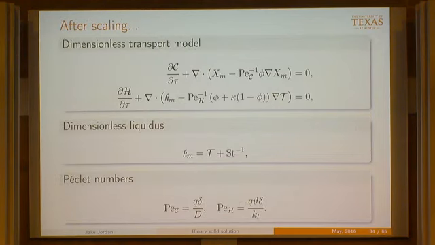So then we get a nice dimensionless transport model. This XM comes from our old phase behavior, but this dimensionless liquidus for the enthalpy is now dimensionless temperature plus the inverse of the Stefan number, which is the ratio of latent heat to sensible heat. And these are the Peclet numbers that I've put in here.